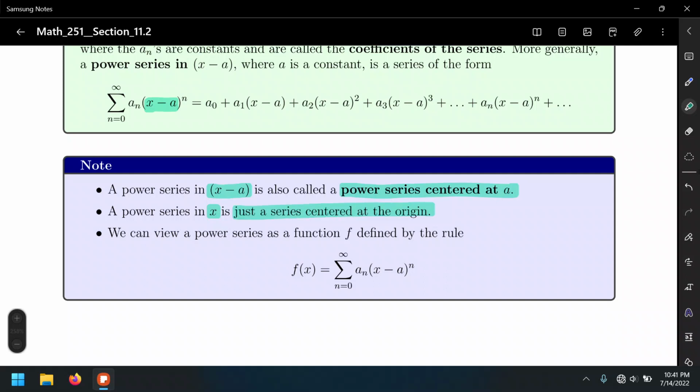Like we mentioned before, we can think of this as a function f of x equals sigma n equals 0 to infinity a sub n, some rule, times the variable part to some power n. And just like any other function, we are going to find the domain, evaluate, and find the convergence or divergence, as you will see soon.